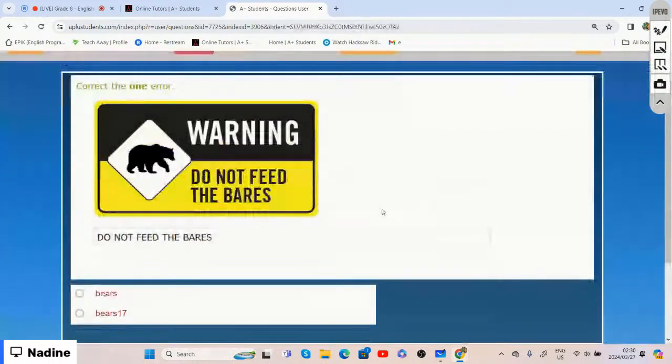We need to correct one error. It says warning. Do not feed the bears, spelled B-A-R-E-S. We need to correct that poster. Is it bears, which is the first one, B-E-A-R-S? Do we spell bears like that?